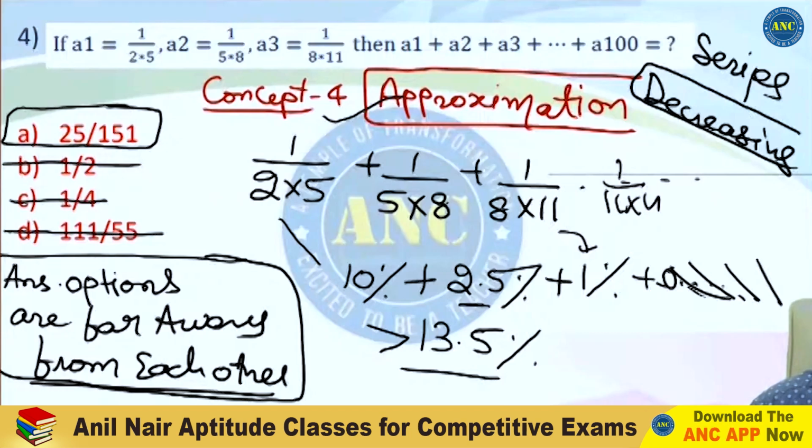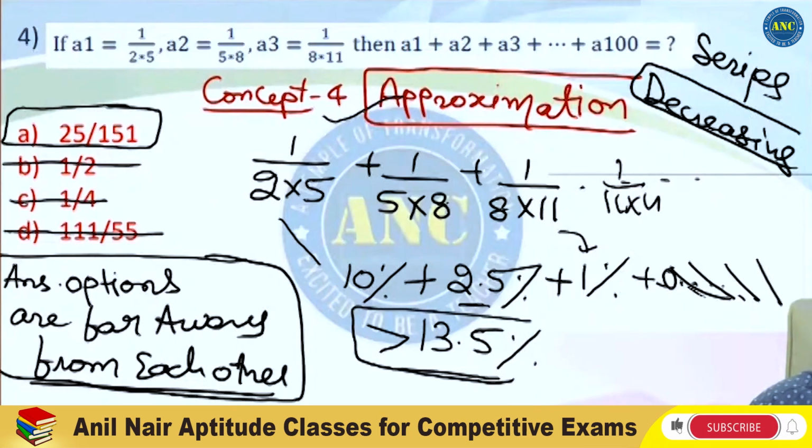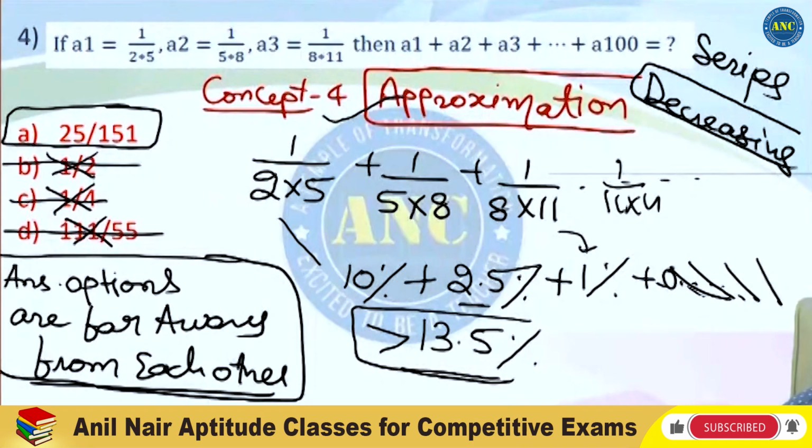This is greater than 13.5 percentage. Second option, not possible, not possible, not possible. Use this method only when the answer options are far away from each other. Your eyes should see the answer options and decide which method to use.